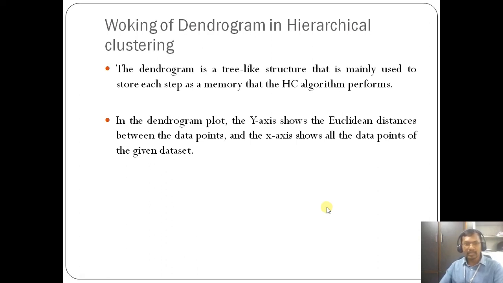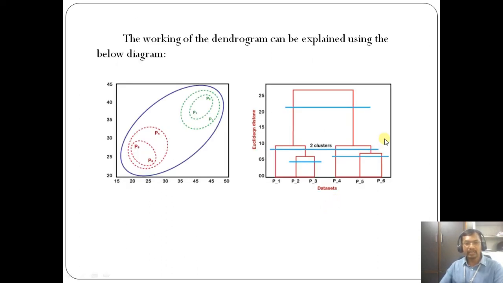For our example, this is the dendrogram tree. If you observe the left-hand side chart, we have a total of 6 data points: P1, P2, P3, P4, P5, and P6. What steps do we follow? Initially P2 and P3 are combined into a single cluster, because these two are the closest points.